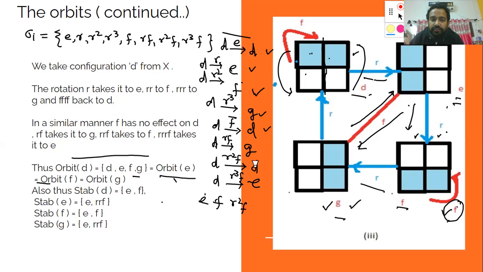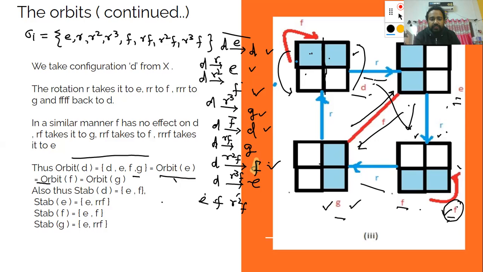This will not be D, this will be F. This will be F, because R squared takes D to F, and then you apply the flip on F, you stay at F. So R squared flip does not come under the stabilizer.